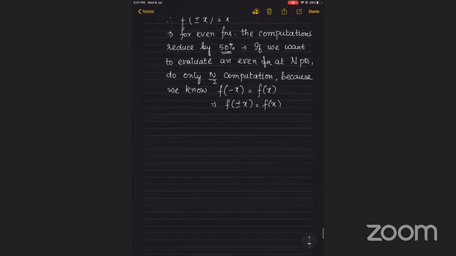Now, I want to look at something more. Let us consider the following polynomial.